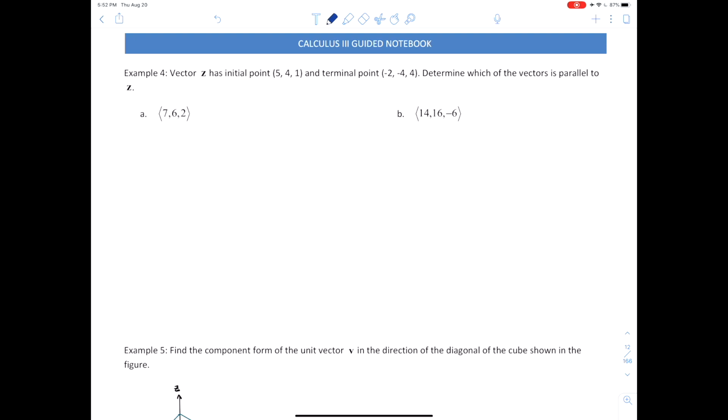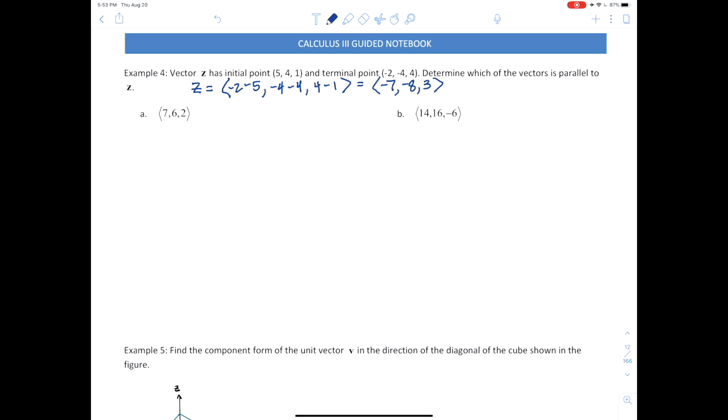Well, let's see, what is z? z is going to end up being equal to negative 2 minus 5, comma, negative 4 minus 4, and then 4 minus 1, which gives us negative 7, negative 8, and 3. So that's the component form of z.